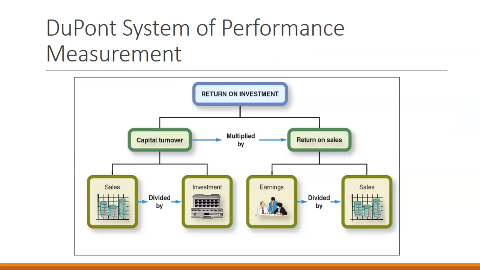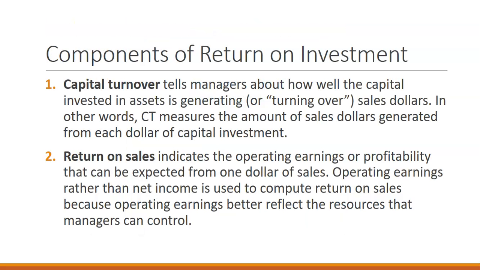So our return on investment is a component of our capital turnover and our return on sales. Capital turnover is sales divided by investments, and return on sales is earnings divided by sales.